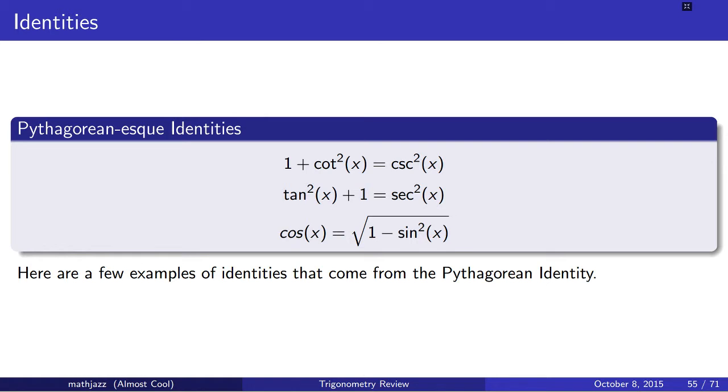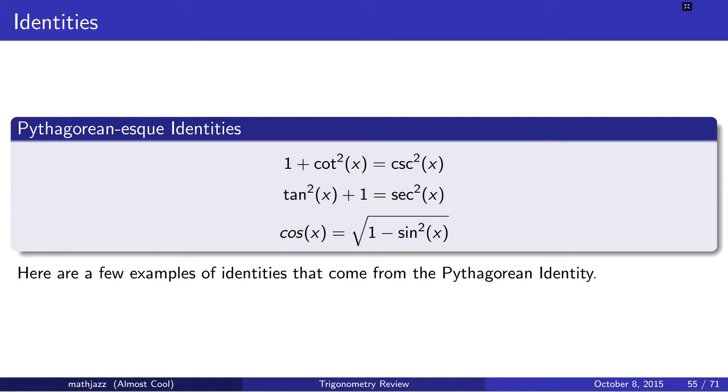For example, the first one I have here, 1 plus cotangent squared x equals cosecant squared x, is obtained from the Pythagorean identity if we divide every term by sine squared of x. The second one is obtained by dividing the Pythagorean identity by cosine squared of x, and the third one is obtained by solving for cosine of x.